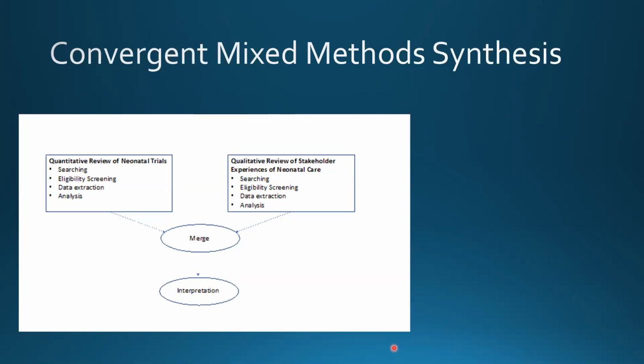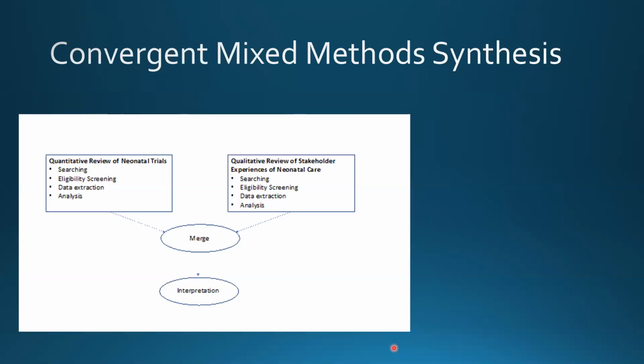And analysis for the quant review is really just descriptive frequencies of the different outcomes that were identified across the trials. And the qualitative review of stakeholder experiences of neonatal care, same: searching, eligibility screening, and data extraction, as I described in the previous slide. Analysis was to take the issues or themes that were identified in those qualitative studies, and they were thematically analyzed.